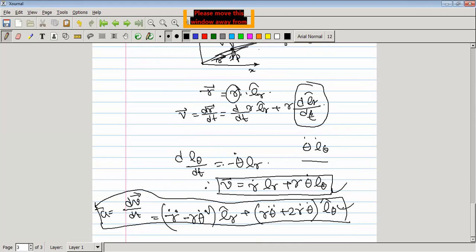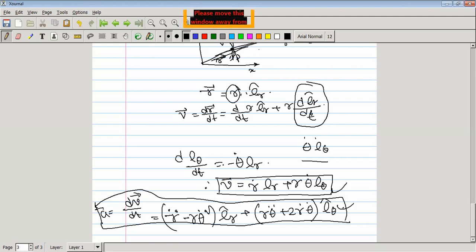So up to this, anyone have any question? You can raise your question, student. Today we have learned the tangential and normal component and the radial and transverse coordinate, right?